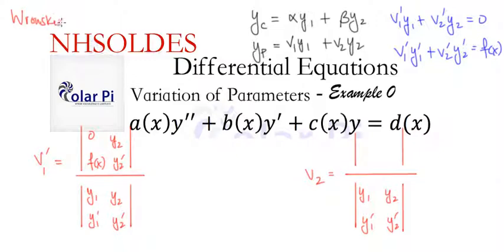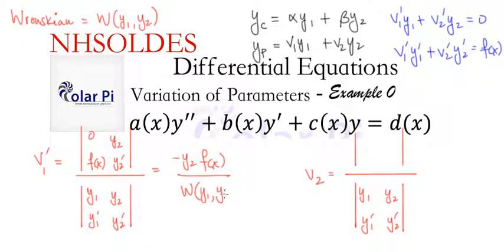right? It's a Wronskian. So we see first that v1 prime is going to be, by doing the determinant there, 0 minus y2 times f of x. So negative y2 times f of x divided by, we just said this determinant is the Wronskian, which is W of y1, y2. So the denominator is W of y1, y2.